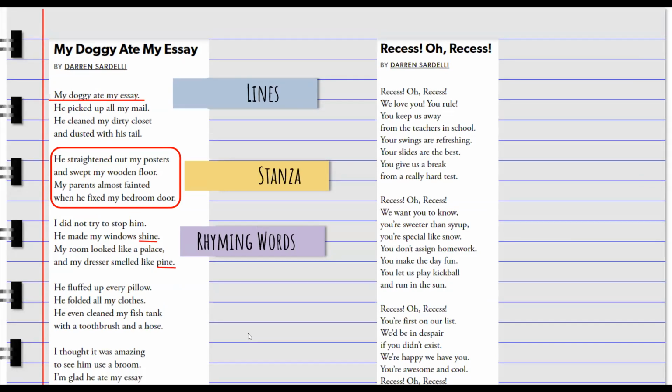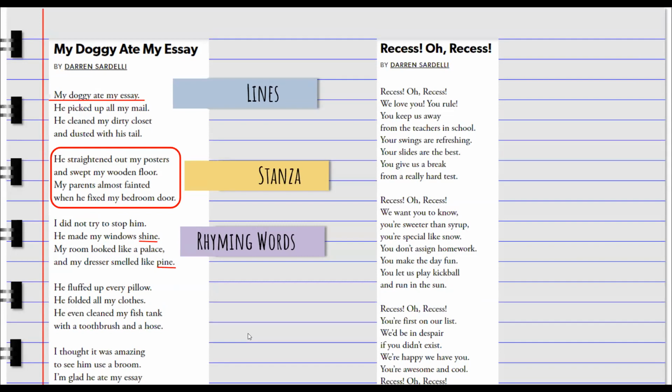Recess, oh recess, we love you, you rule. You keep us away from the teachers in school. Your swings are refreshing, your slides are the best. You give us a break from a really hard test. Recess, oh recess, we want you to know, you're sweeter than syrup, you're special like snow.